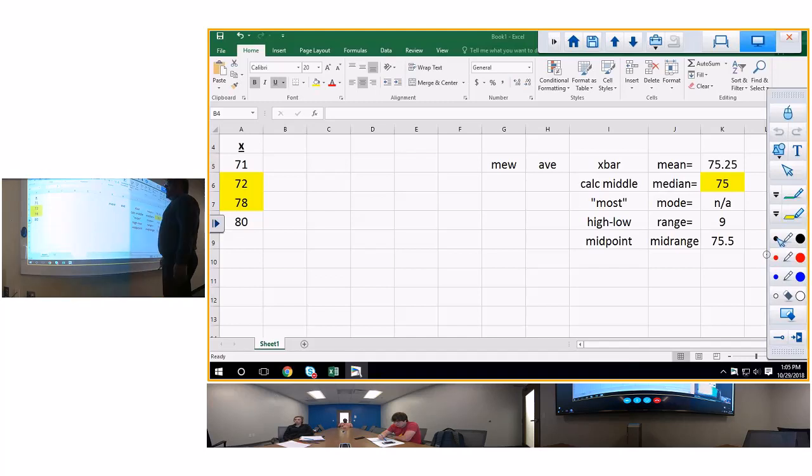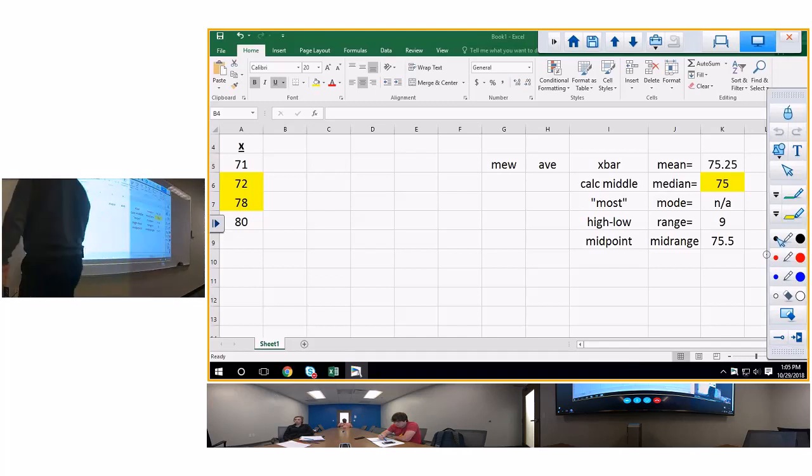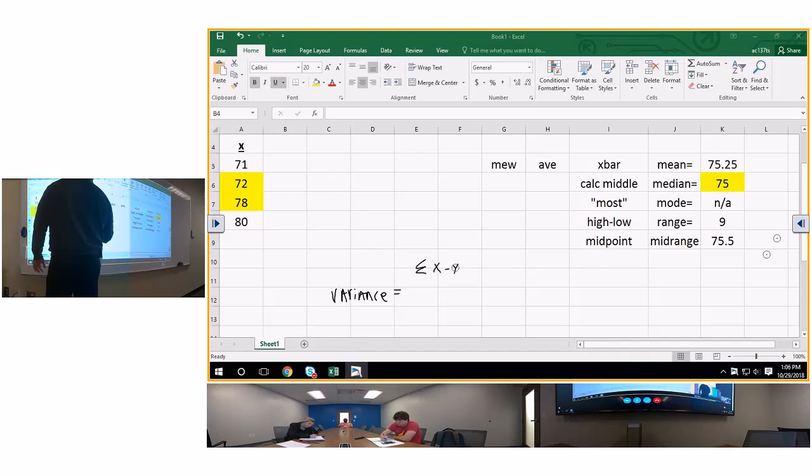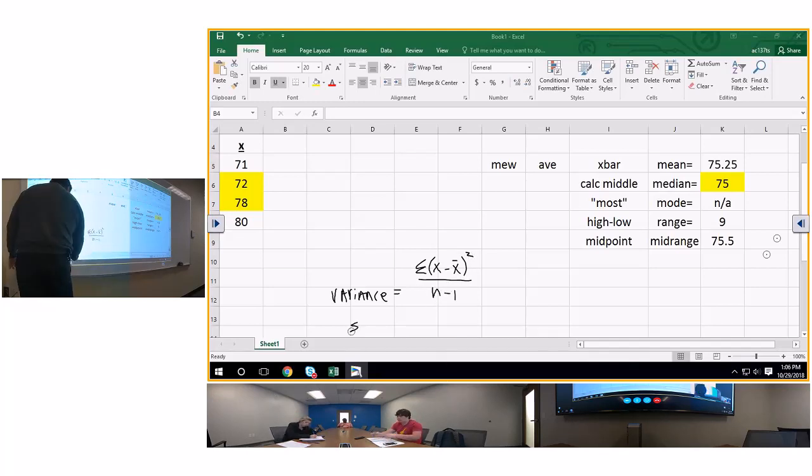All right, the variance is equal to the summation of x minus x bar, quantity squared, divided by n minus 1. And the standard deviation is equal to the square root of the variance.